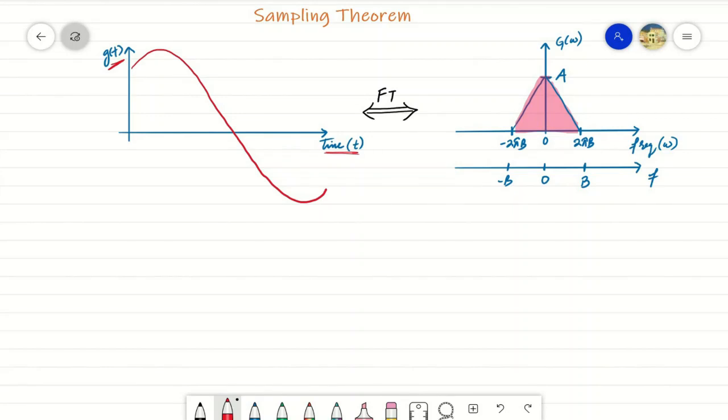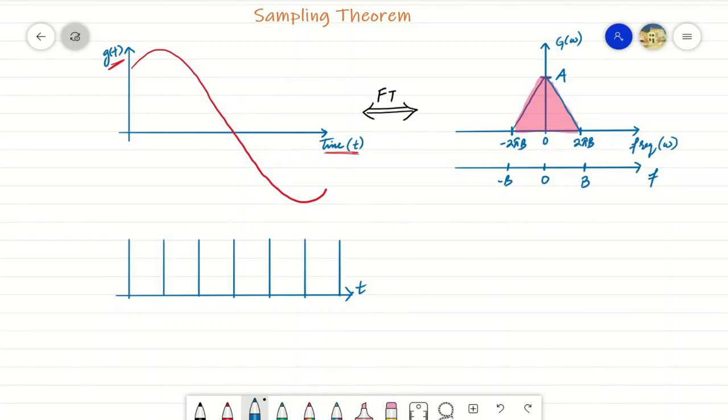So if we want to sample this signal and want to select a finite number of its samples, then that can be accomplished by multiplying this signal g(t) by an impulse train, for example, a signal which consists of multiple unit impulses repeating periodically after every Ts seconds.